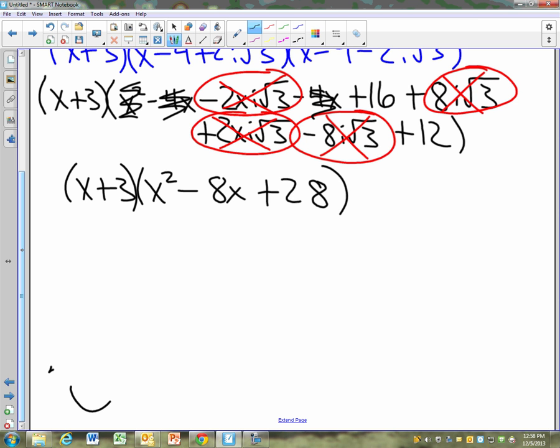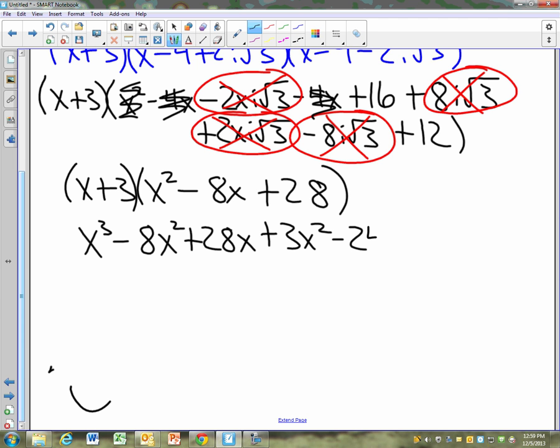We're almost to the end where we have a polynomial: x times x squared, x times negative 8x, negative 8x squared, x times 28, 3 times x squared, 3 times negative 8x, and then 3 times 28, 84.